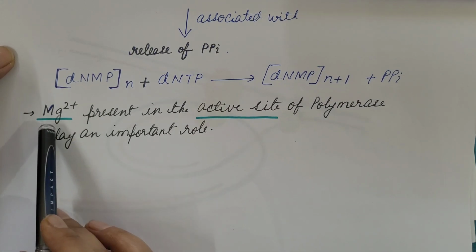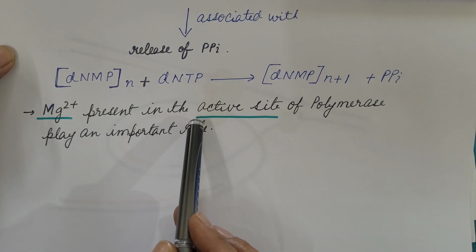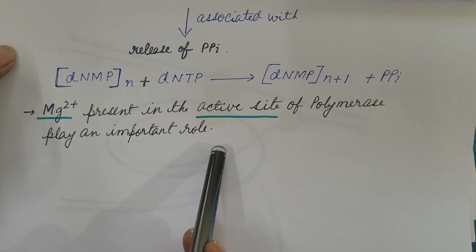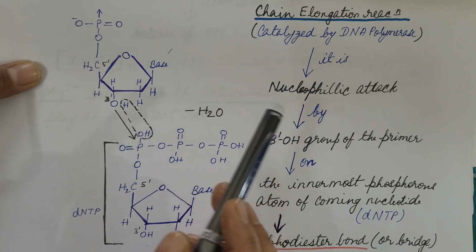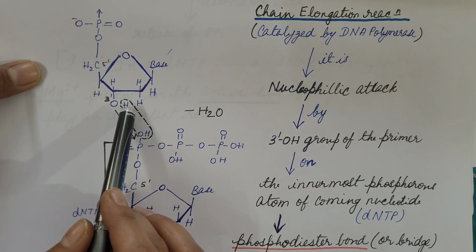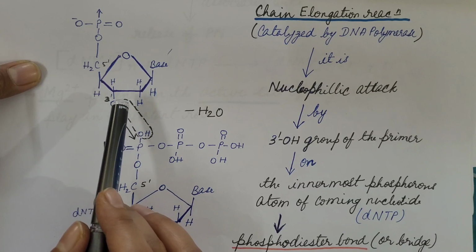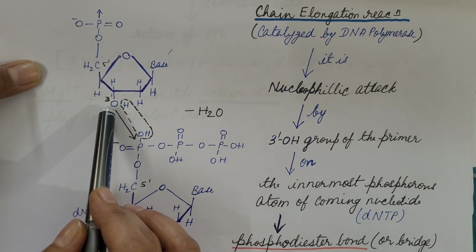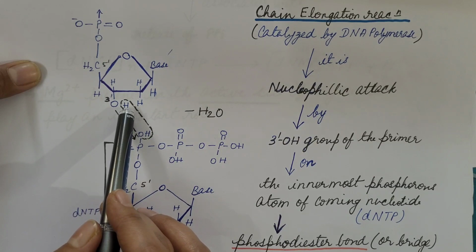Mg2 plus metal ion is also present in the active site of the polymerase, which plays an important role. In the active site of DNA polymerase, Mg2 plus is present. It interacts with this 3'OH and reduces the association between oxygen and hydrogen.